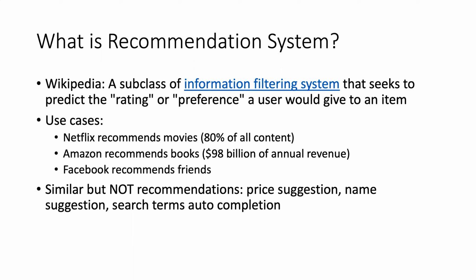So recommendation systems have a lot of use cases. They have been implemented in many very successful companies. The one you probably know very well is Netflix, right? Netflix is famous for its recommendations. It recommends movies, and believe it or not, 80% of all the content people watch is recommended by their recommendation system.